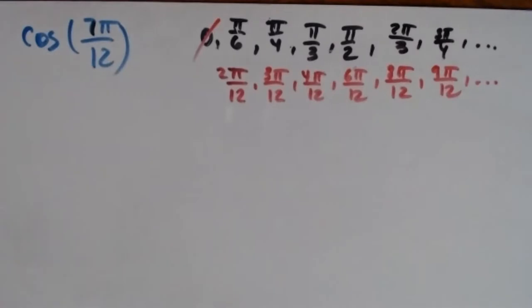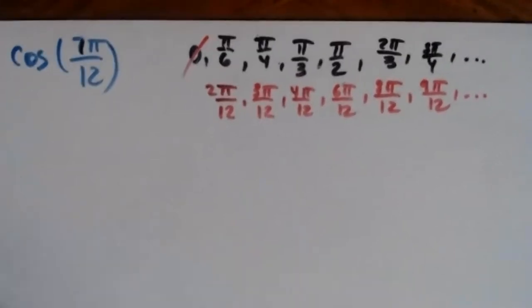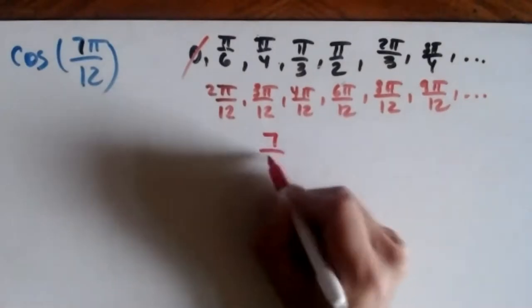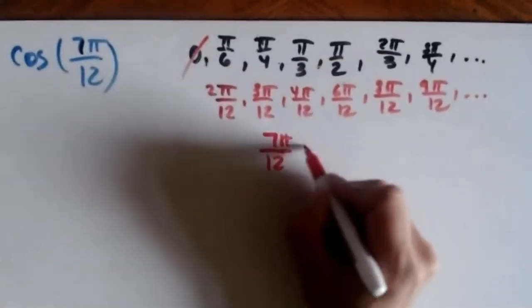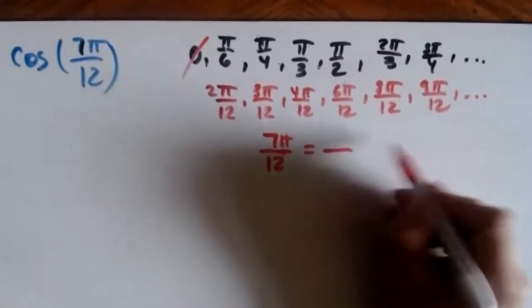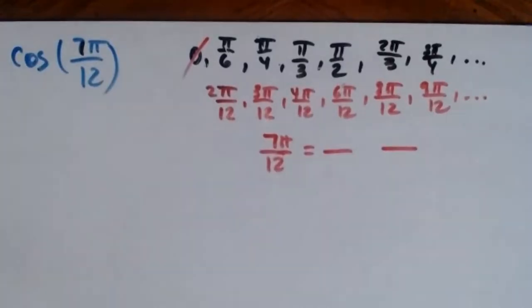Yeah, 2 12s, 3 12s, 4 12s, 6 12s, 8 12s, and so on. Okay, now, $1 million question. 7 pi over 12 is going to be what fractions? Added, subtracted, what fractions are we going to do?